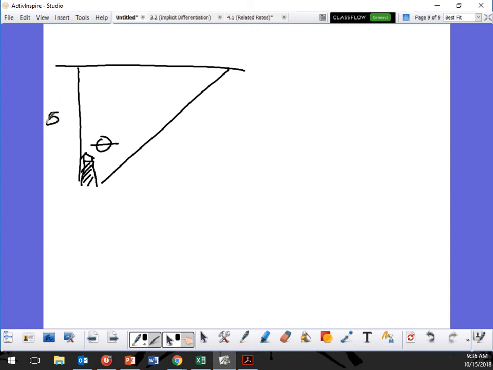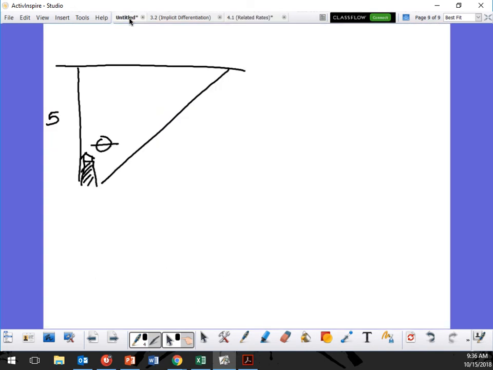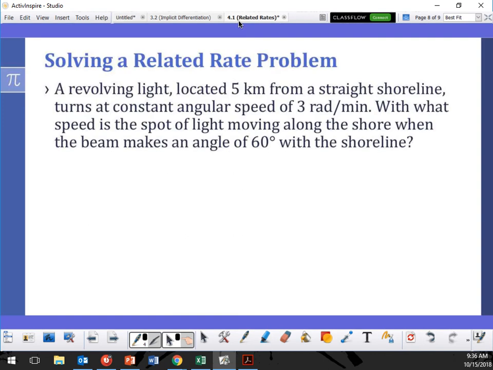And they said how far off? 5 km. And an angular speed of 3 rad per minute.